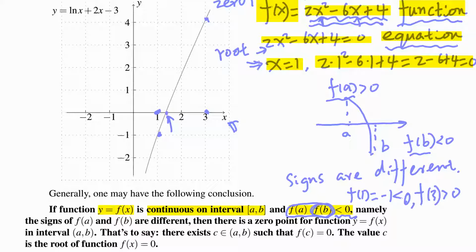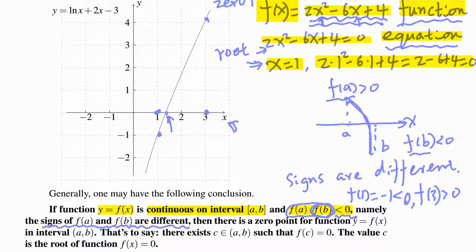So the curve must go across the x-axis. That's why we said the signs of f of a and f of b are different.